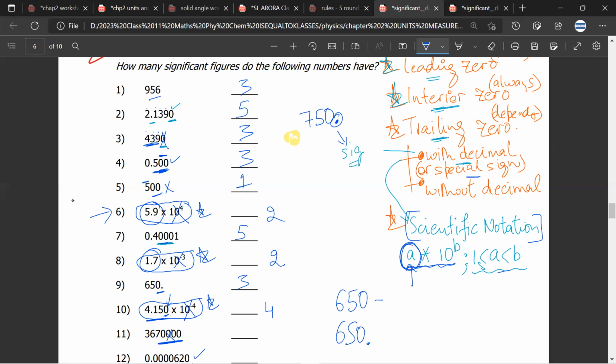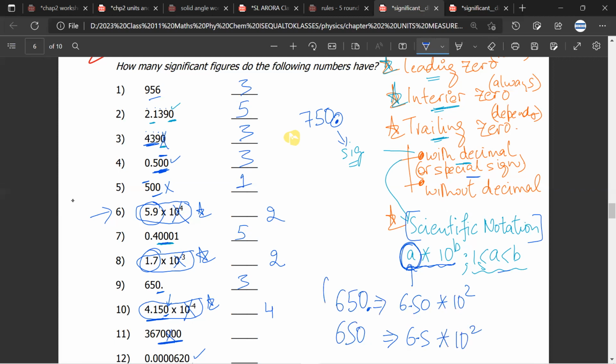If I want to write this in terms of scientific notation, this would be written as 6.50 times 10 raised to power 2. But this would be written as, I'm sorry, let me write it like this. This would be written as 6.5 times 10 raised to power 2.